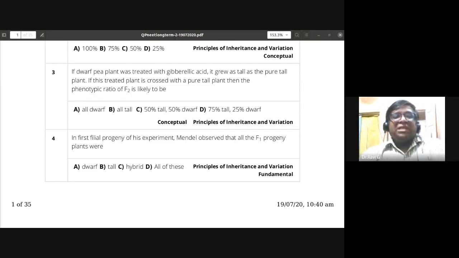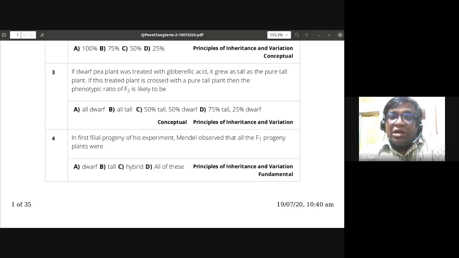So you might ask me, sir, hasn't there been any change in the dwarf plant? They have now become pure tall. See, their external morphological character has changed by treatment with gibberellic acid. They might have become tall, but the genetic makeup remains the same, that's small t, small t.